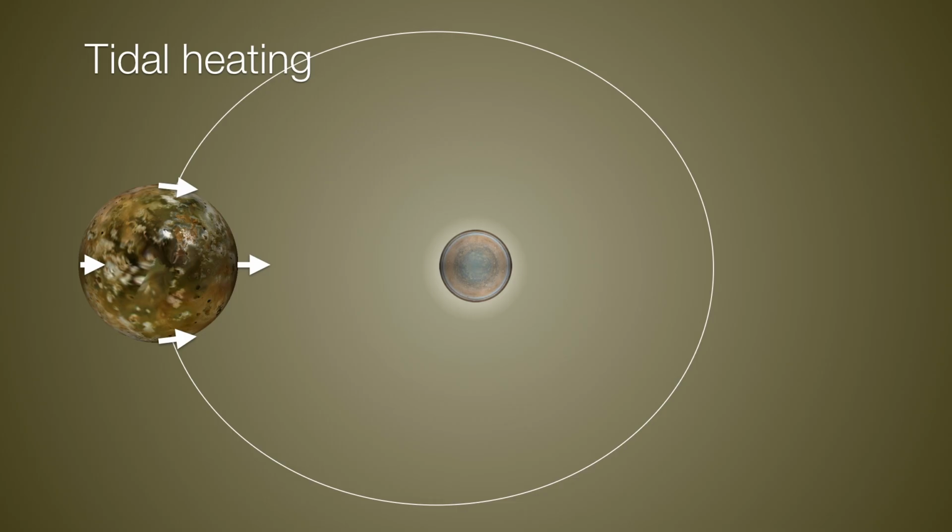Well, the answer is due to the fact that Io's orbit is not a perfect circle around Jupiter. Now, I've drawn this illustration obviously not to scale, and I've really exaggerated the eccentricity of Io's orbit. However, this helps us to understand how the tidal forces come into play. If Io is at its farthest point from Jupiter, a position known as apogee, then the tidal forces exerted by Jupiter on Io are their weakest.